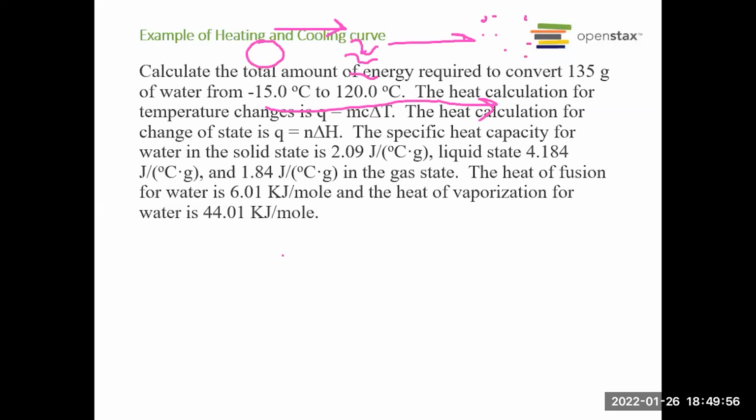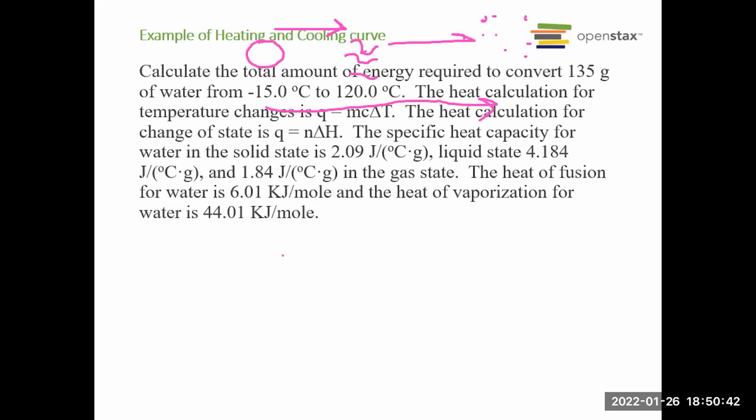Calculate the total amount of energy required to convert 135 grams of water from negative 15 degrees Celsius to 120 degrees Celsius. The heat calculation for temperature change is Q equals mC delta T. The heat calculation for state change is Q equals n delta H. The specific heat capacity of water in the solid state is 2.09 joules per degree Celsius gram.